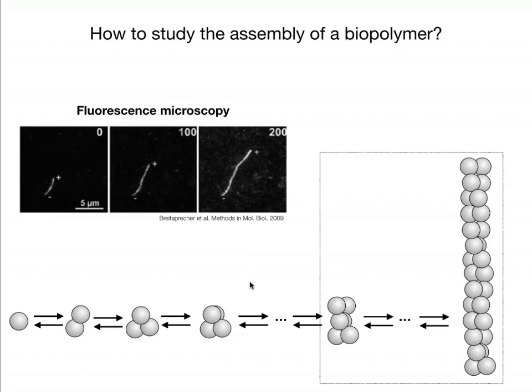For example, the elongation speed of the actin filament from tracking the tip of a filament. And this technique is also very useful if you want to understand the influence of actin binding partners on this process.